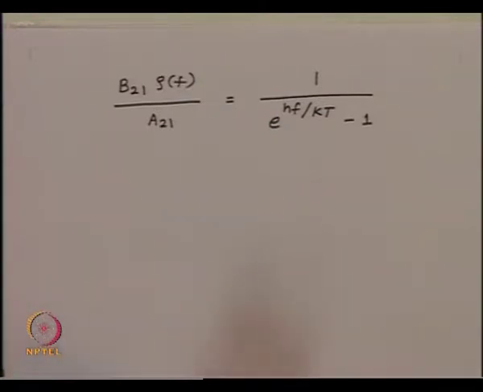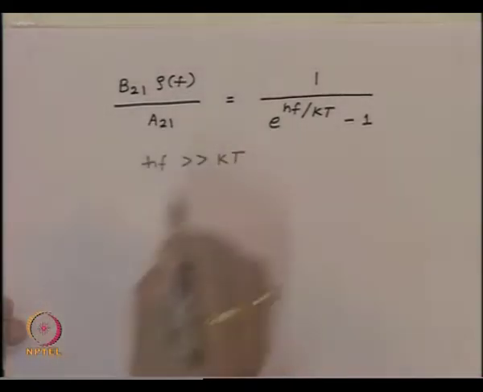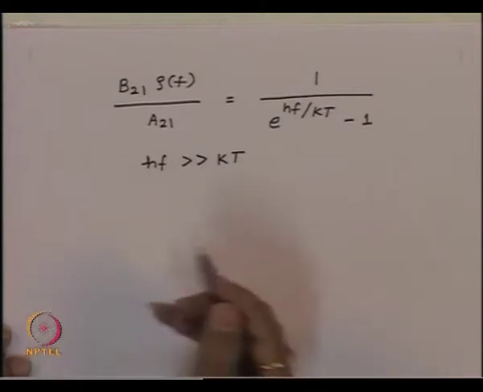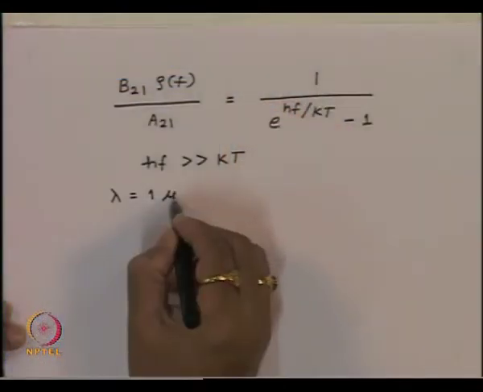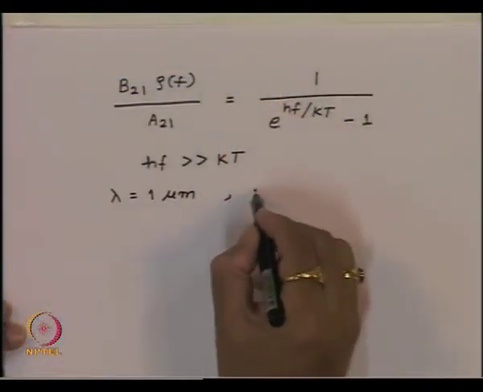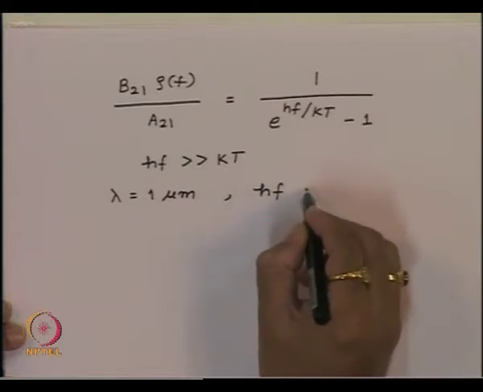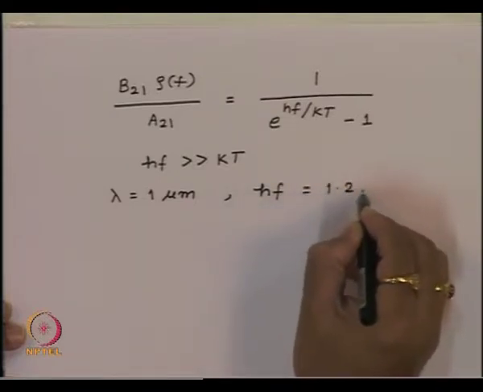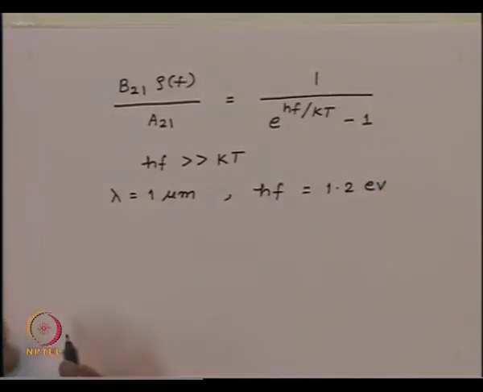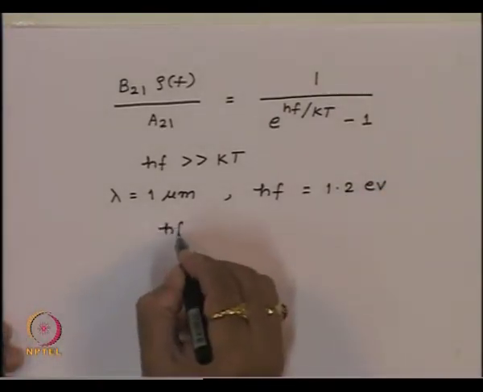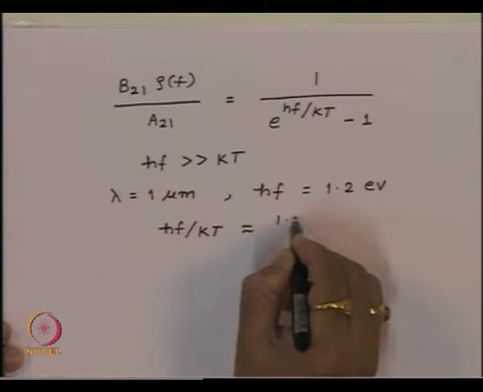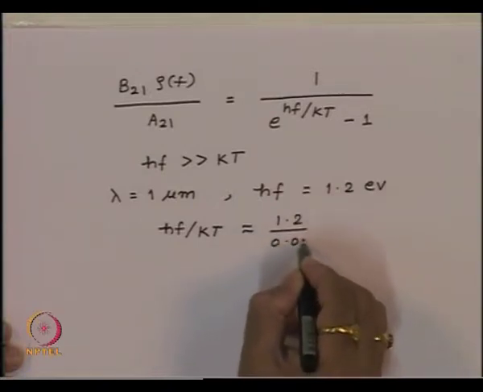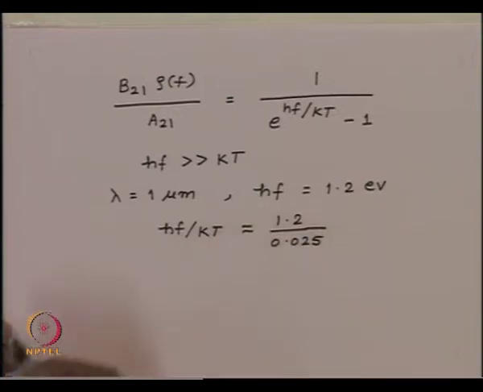And if you consider typical materials, the hf is much greater than kT. So if we consider, let us say, a radiation for lambda equal to 1 micrometer, for which the hf would be about 1.2 eV, this quantity hf upon kT would be 1.2 divided by 0.025, that is the thermal energy at room temperature.